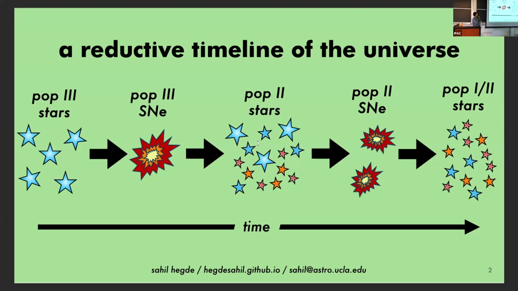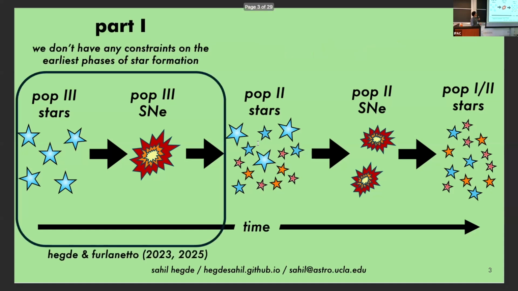They lived these short lives, exploded as POP3 supernovae, and started the process of global chemical enrichment across the universe. And through successive generations of star formation, from low metallicity out to more chemically mature populations, we get these stellar populations, POP1 and 2, that we've seen dominating the local galaxy population, and with our even high redshift observations today.